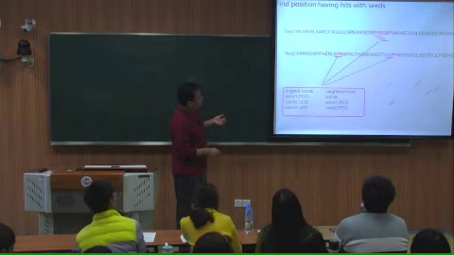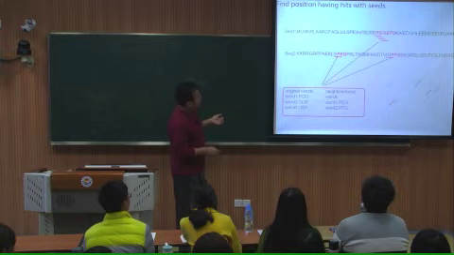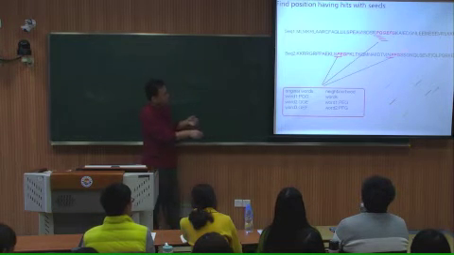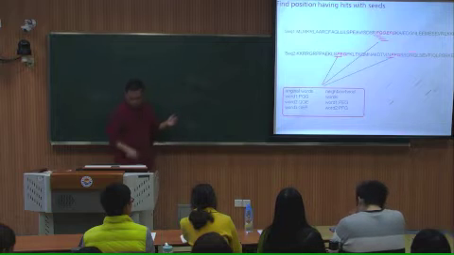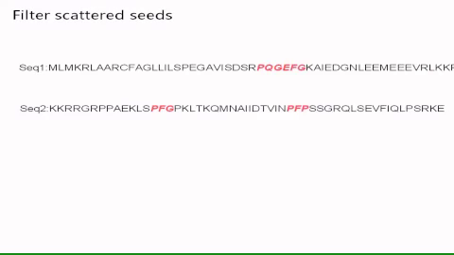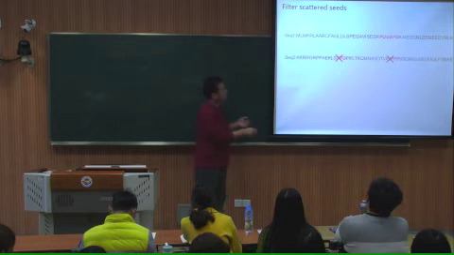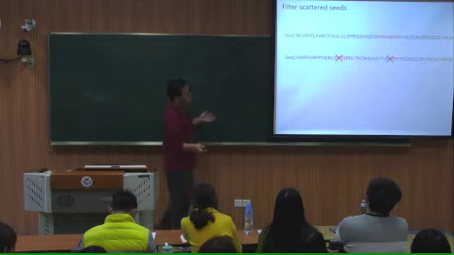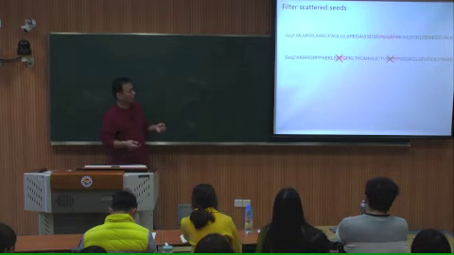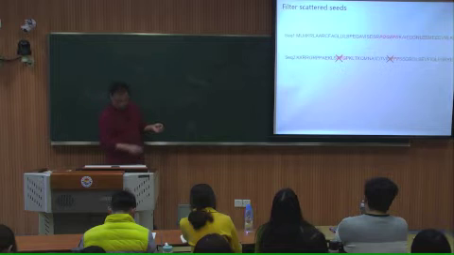In the second sequence, there are also two matches. But because the distance is too large here, after the filter we are not going to take this sequence, because this gap is greater than the threshold we set. So we are only left with this one.